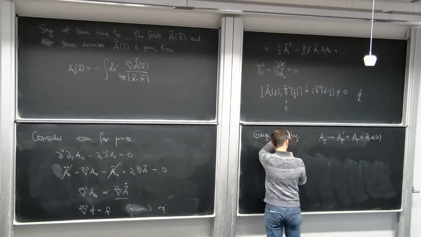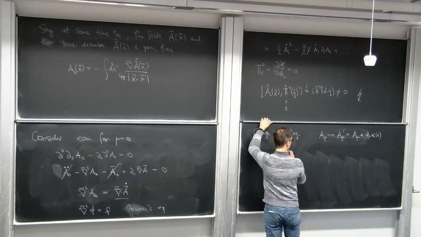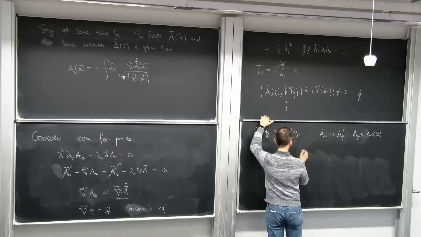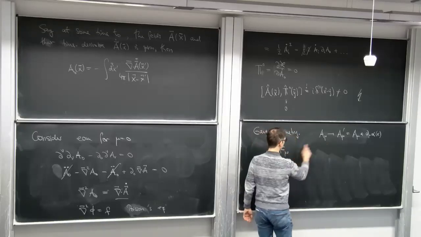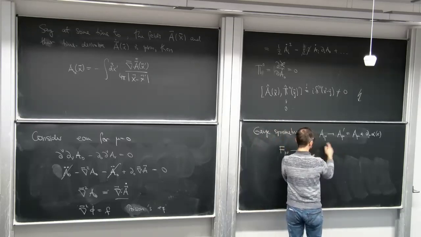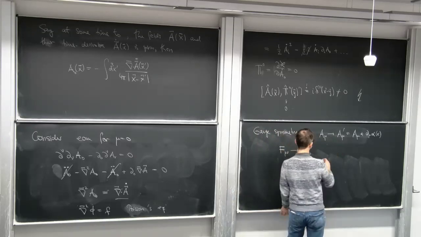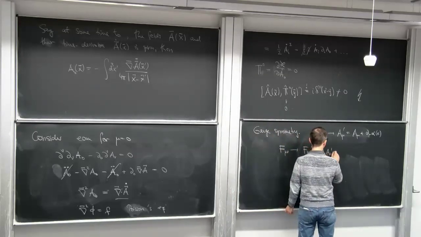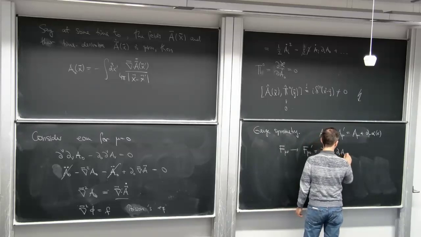My field doesn't change. So the F, well, we've done all this. Do you remember that? The F under this goes into an F prime, which is defined in the same way as it was. So it's d mu A nu prime minus d nu A mu prime.